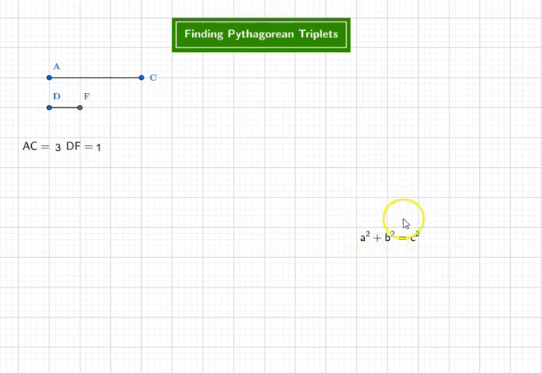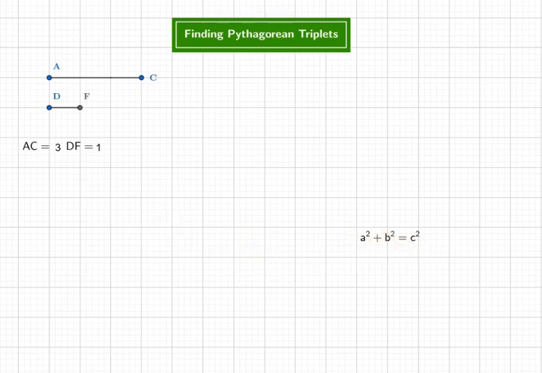And again, I'm sure you know this is famously related to a right angled triangle, where C will be the length of the hypotenuse and A and B are the lengths of the other two sides. Now, how do we find such numbers?